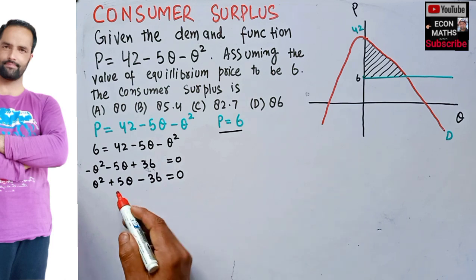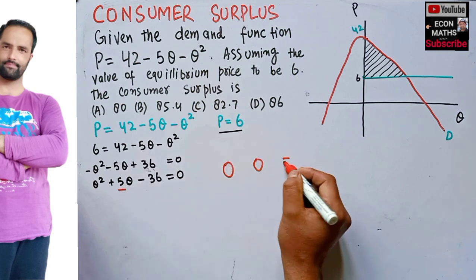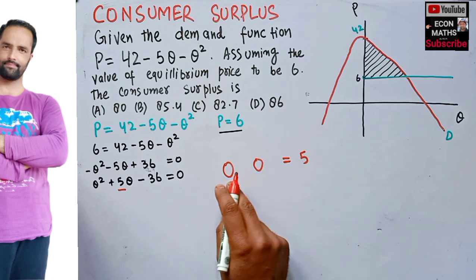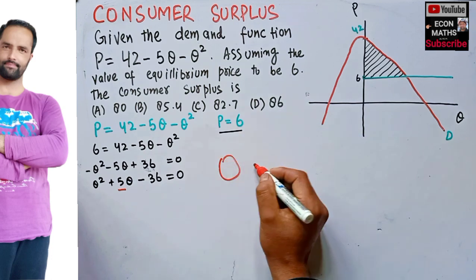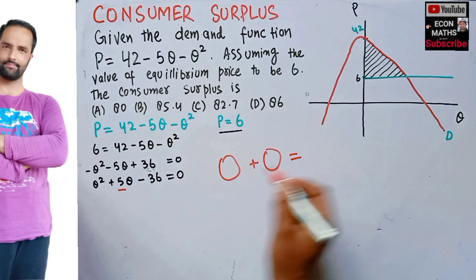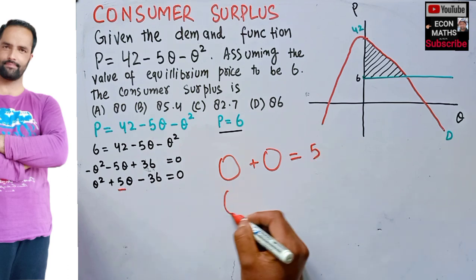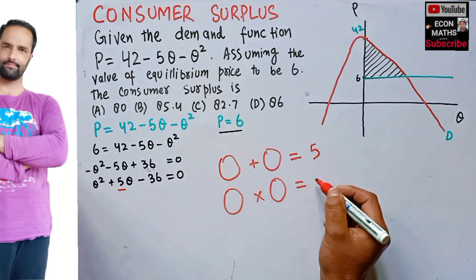We can split the middle term in such a way that we get two numbers whose sum is equal to 5 and whose product is equal to the constant term, which is minus 36.